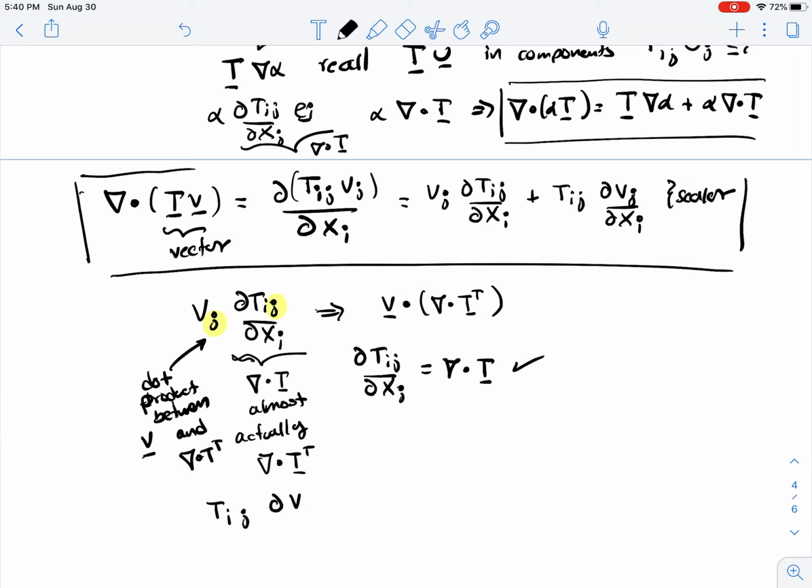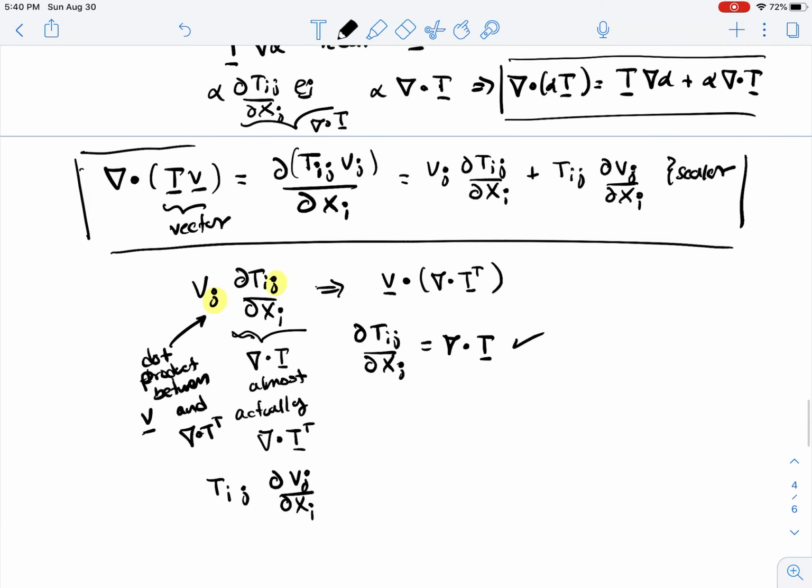And then the other term is this Tij d Vj with respect to xi. And this one is also kind of interesting. This one has the tensor ij and then something with ij here.